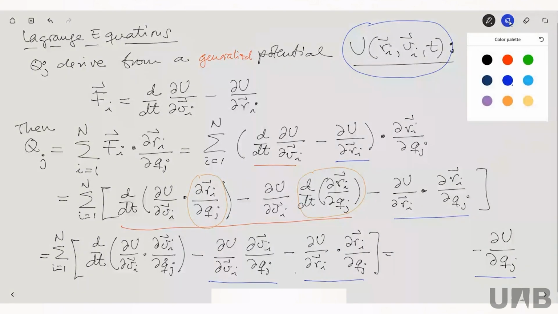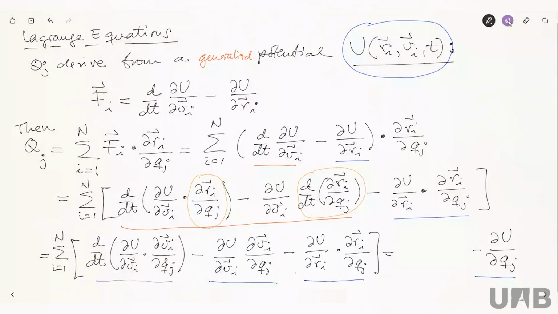So therefore, this term is directly the derivative with respect to t of the derivative of u with respect to q dot, including the sum, because the sum is already written here. So the u is giving all this with all the sums over i's. Okay, so that is this term here.